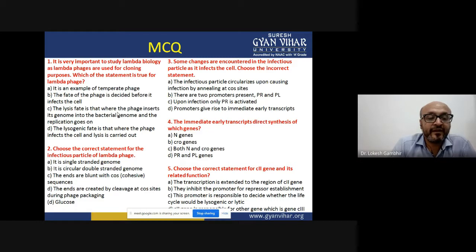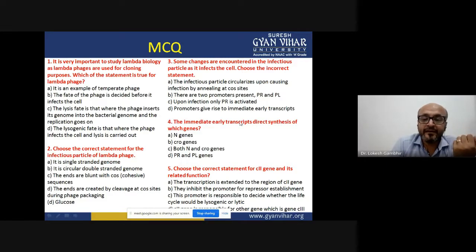The lysogeny fate is where the phage inserts into the bacterial genome and replication goes on, or the lysis fate is where the phage infects the cell and lysis is carried out. So this is how you have to identify which statement is true. Whether these two are contradictory or which one is true, it's up to you. Once you go through the lecture, you will be able to know.